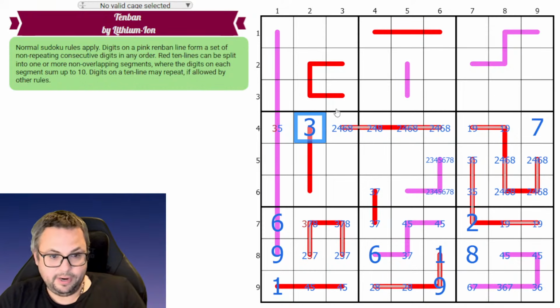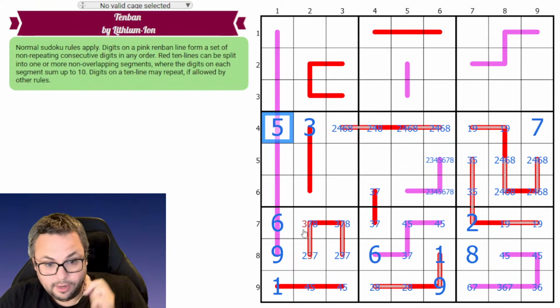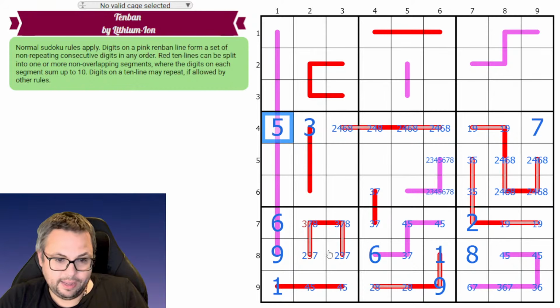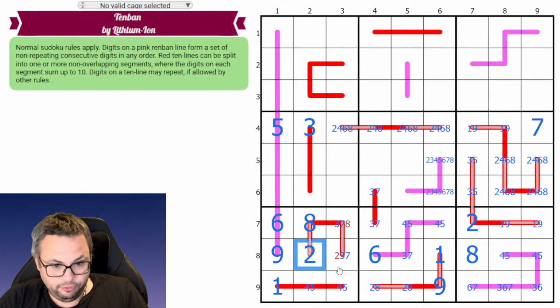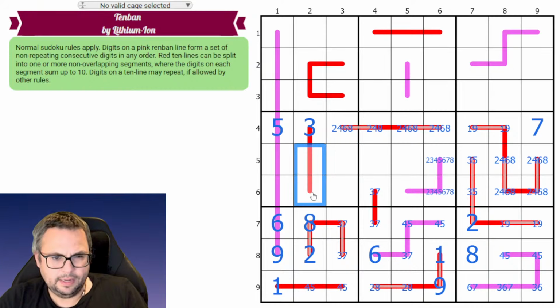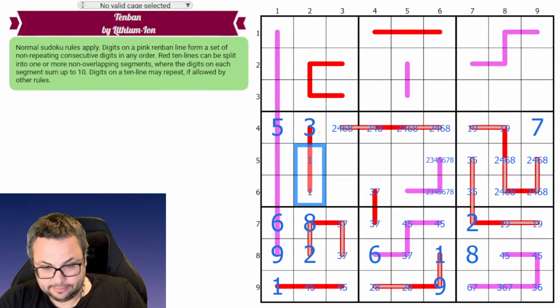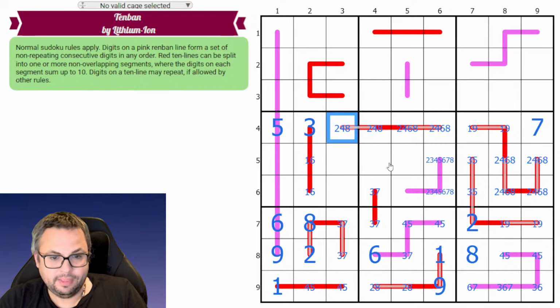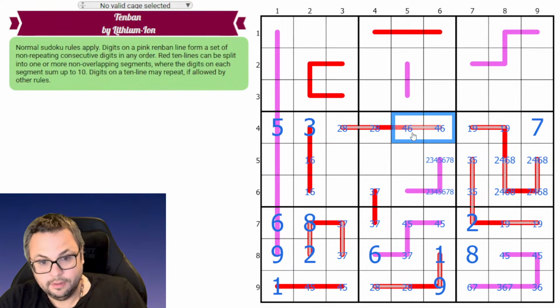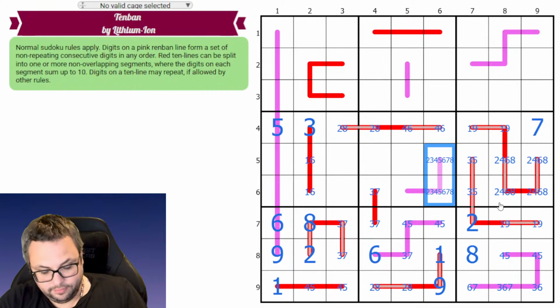So that's the 3, and that's the 5. And so this is the 8 and the 2, and these are the 3, 7. These need to add to 7 as 1 and 6. So that's not a 6 either, which means that neither of these is 4. So these are the 4, 6.